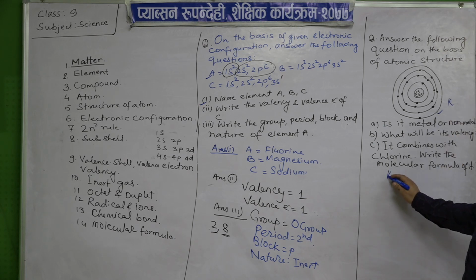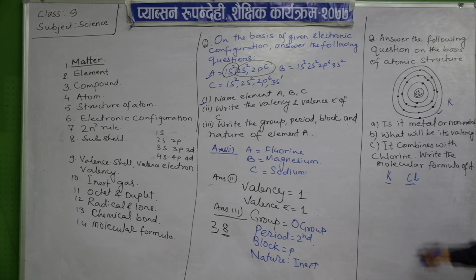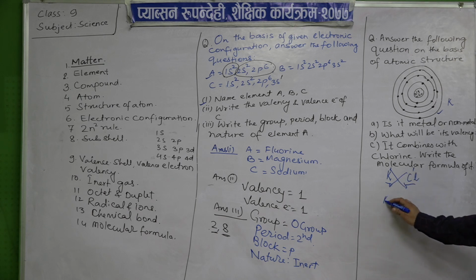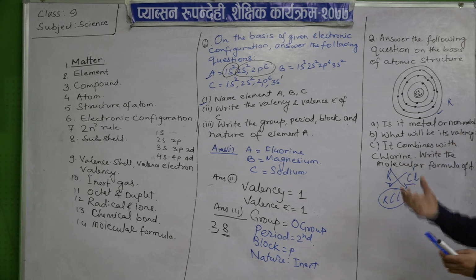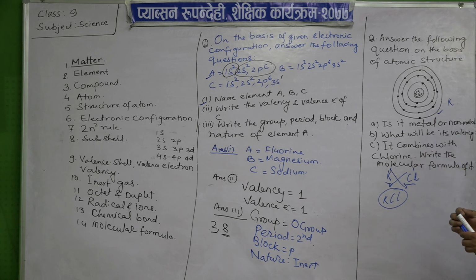So K is reacting with chlorine, that is K and Cl. What is the valency of K? Potassium is 1. And what is the valency of chlorine? That is also 1. So if you cross, what you will get? KCl. So KCl, that is potassium chloride, is the molecular formula of the compound formed by combining the given atom with chlorine.